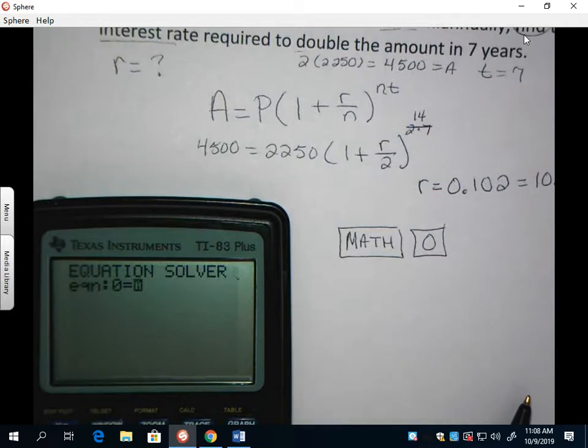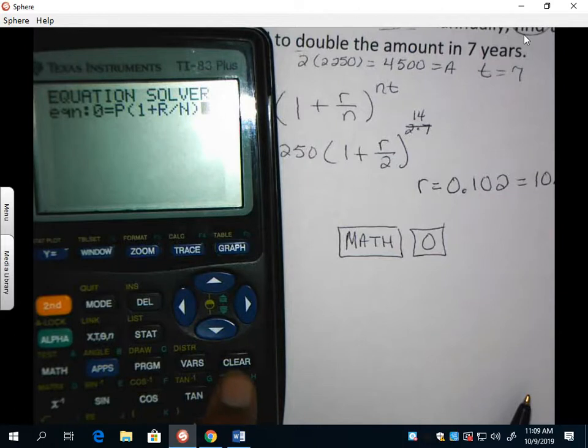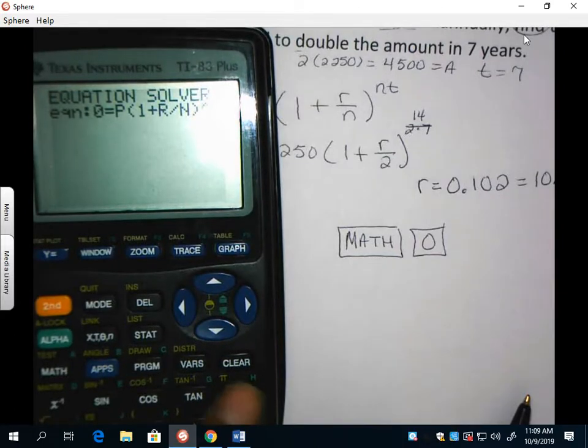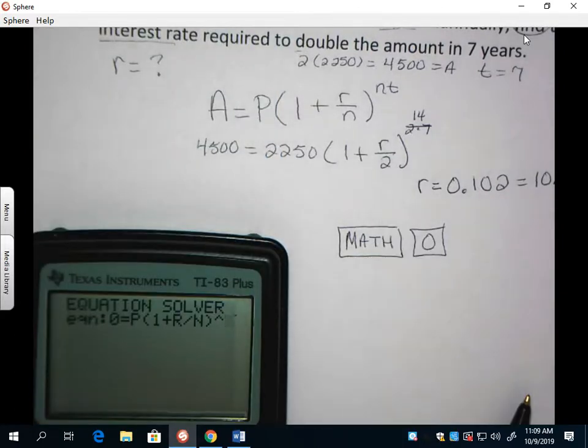P is the number 8 key, parentheses, and your alphabets will be in green, so you have to hit alpha first. 1 plus alpha R divided by alpha N, close the parentheses, use the caret key, which makes an exponent that looks like this, and then put your exponent in parentheses.